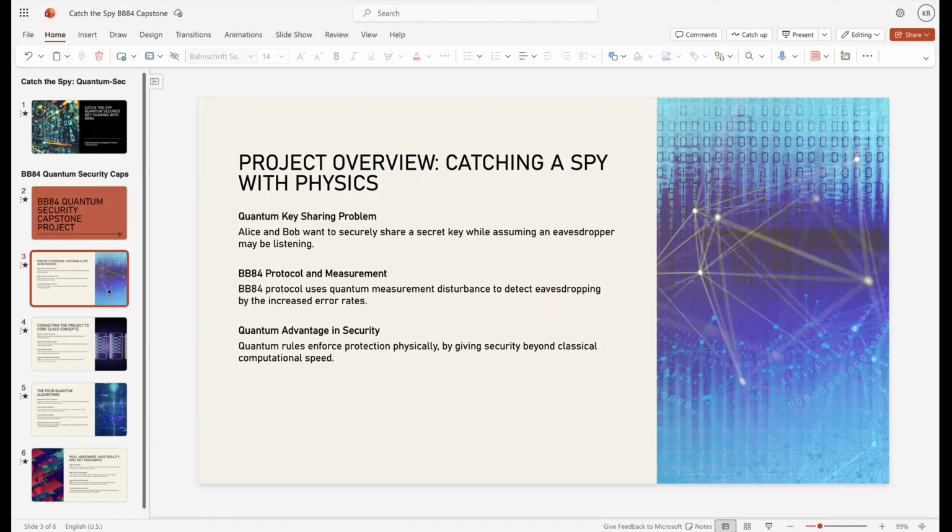When we measure it, it chooses a final state. So Alice prepares the qubit, and then the qubit may be disturbed by Eve, which we're going to see later, and then Bob measures it. The measurement collapses a qubit, and this is the main reason that Eve gets caught. If there are discrepancies in the qubits being measured, then we know that an eavesdropper was there.